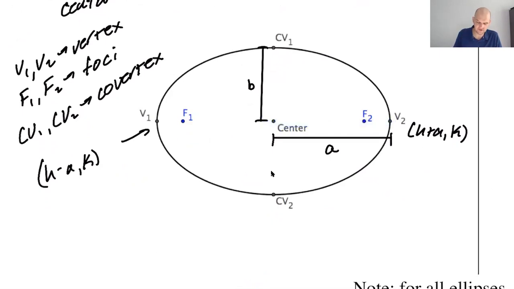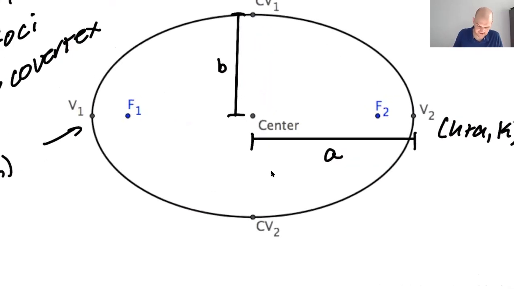The distance from the center to a covertex is b. There's one more distance involved, and that is called c, the distance from the center to a focus. I will use blue for that because it's already kind of blue. You have to remember what you're doing when you do this. So this distance is going to be c.